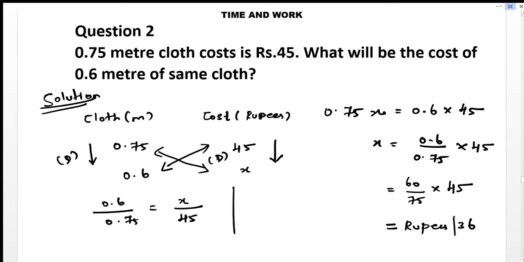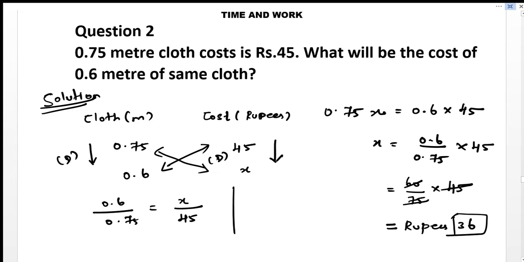Rupees 36. We can eliminate by using the 5 table, and then we will get 36. So try to eliminate as much as possible. Simplify it.